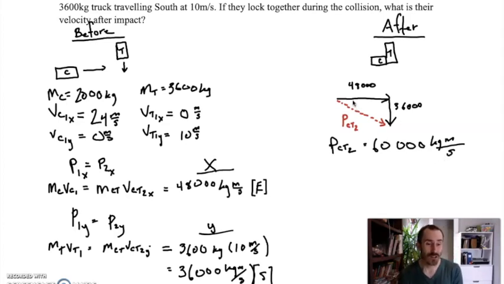We also should figure out the angle, because this is a vector and it has to have a direction. So we're going to do the inverse tan of 36,000 over 48,000. Let's put this angle in here. When you do that, you get 36.9 degrees.